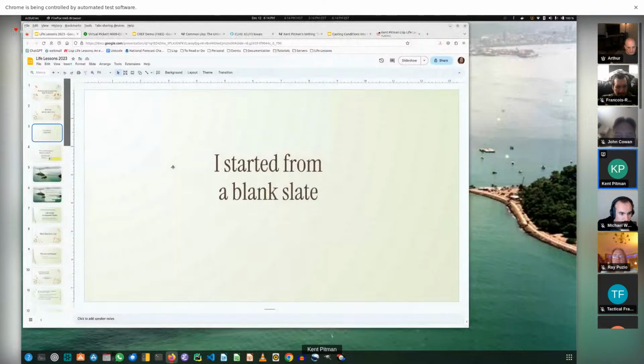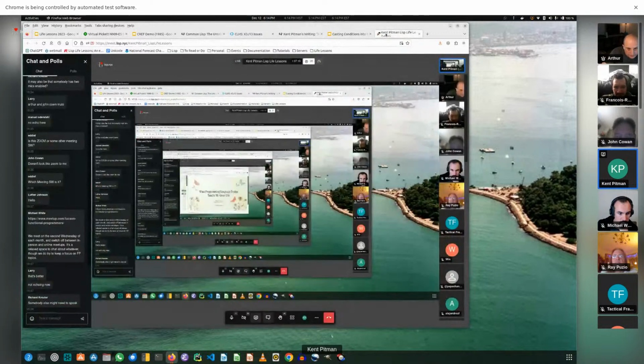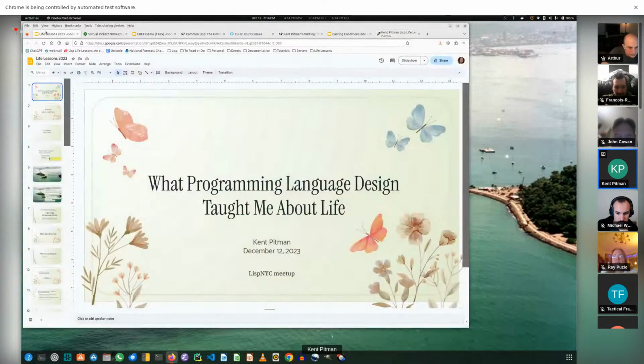I'm going to stay in this mode. Someone complain if you cannot read this at this size, but I think this will be a lot easier for me for navigation.